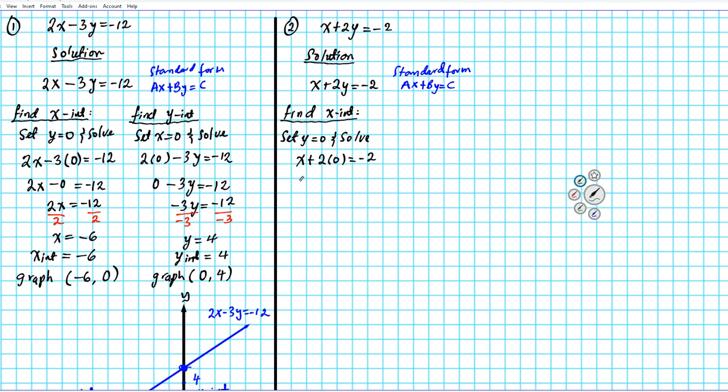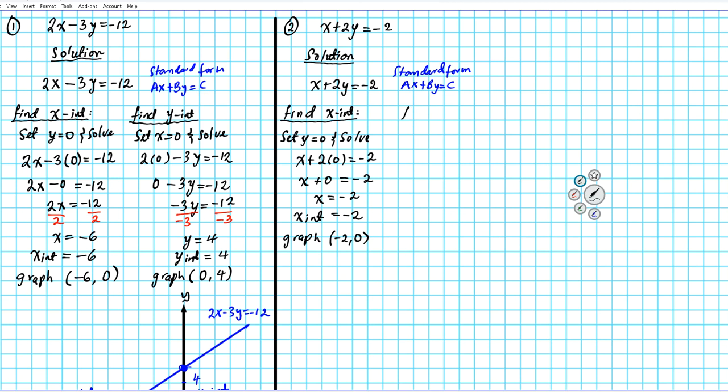So we have x plus 2 times 0 is 0 equals negative 2. Basically, this term is gone. So you have x is equal to negative 2. What is that? This is the x-intercept. The x-intercept, the value of x where the graph cuts the x-axis, is negative 2. So we're going to be graphing the point negative 2, 0.